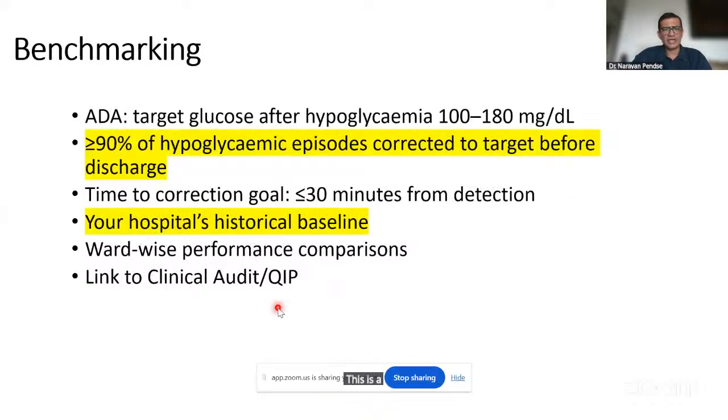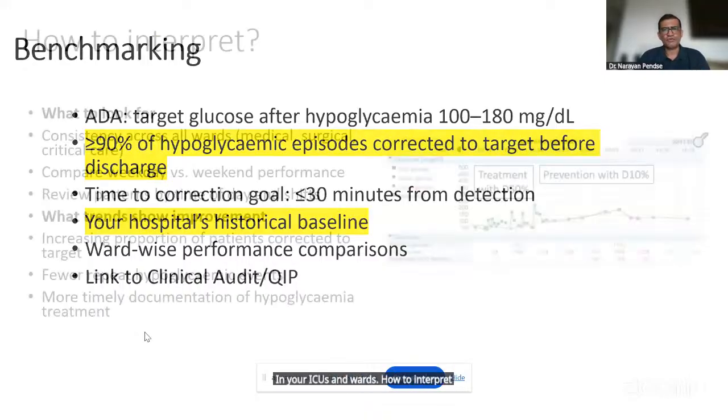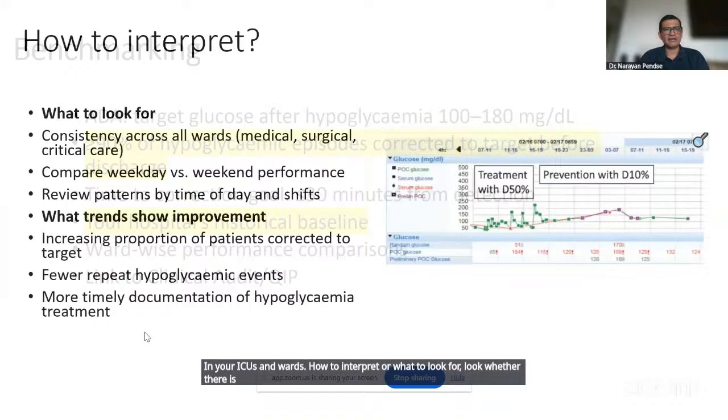This is a good example which can be taken up for a clinical audit or a quality improvement project in your ICUs and wards. How to interpret or what to look for? Look whether there is consistency in various departments. Some departments within the same hospital may be able to meet the target blood glucose level in many of their patients, while some may not.